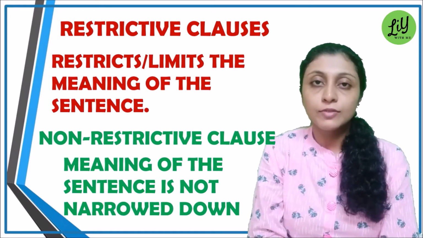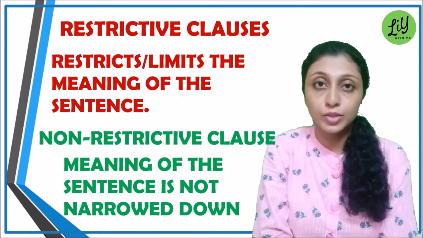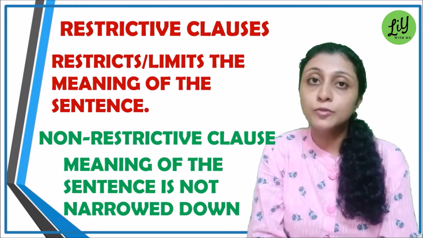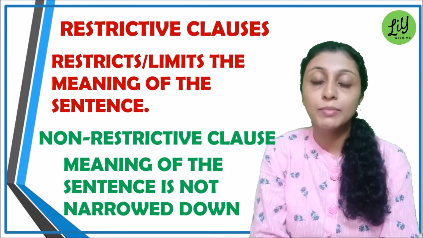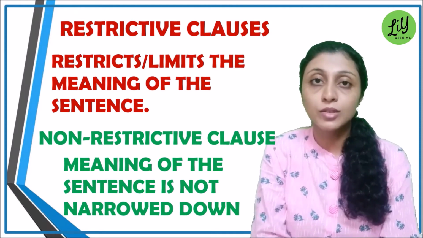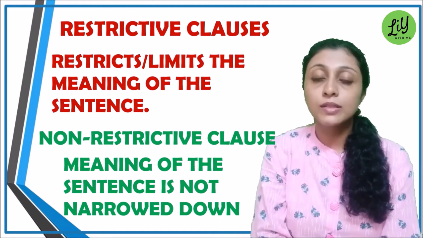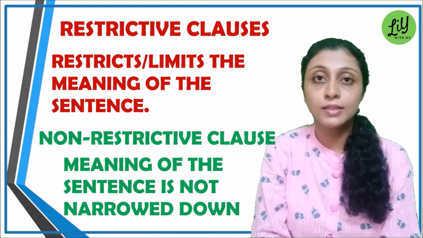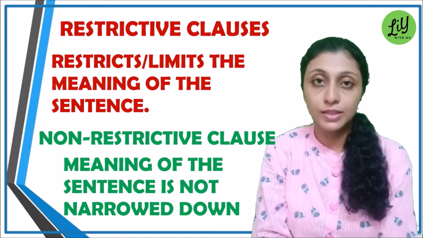A non-restrictive clause refers to a clause where the meaning is not narrowed down, which means even if we omit the clause, the sentence structure remains meaningful. The meaning does not change. Whereas in a restrictive clause, when the clause is removed, the whole sentence meaning is changed. It makes a difference to the meaning of the sentence.